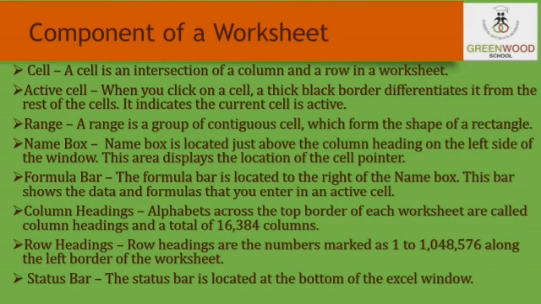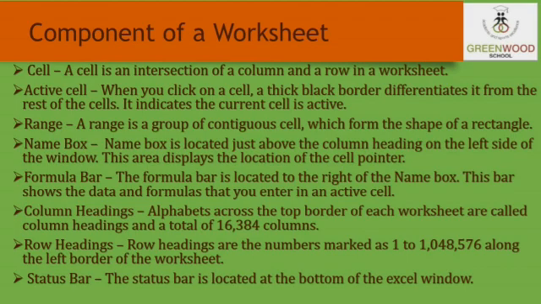These headings identify columns with letters A to Z. Row headings. Row headings are the numbers marked as 1 to 1,048,576 along the left border of the worksheet. Status bar. The status bar is located at the bottom of the Excel window.